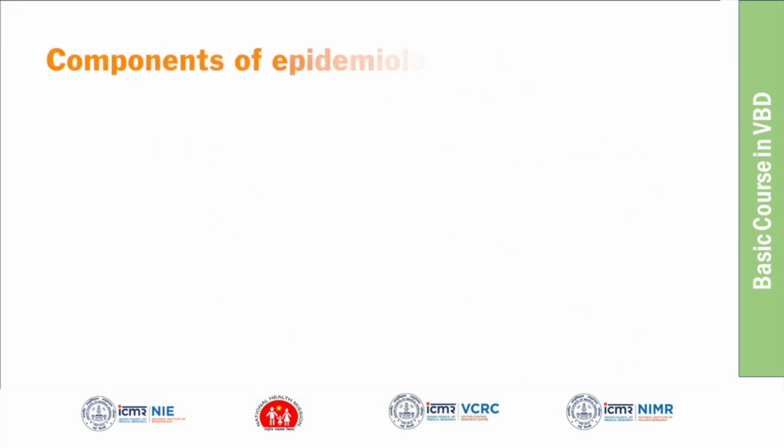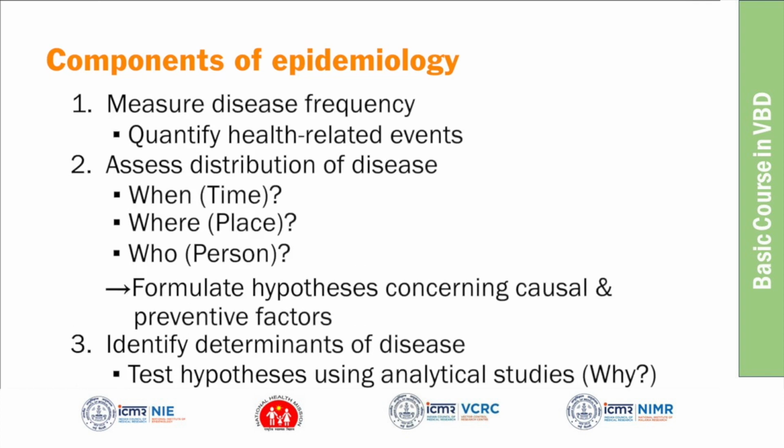What are the different components of epidemiology? We learned that as a definition, epidemiology is dealing with three things. One, distribution of the health problem or health-related events. Second, determinants of those health problems. Third, make sure the above two contribute to applying the results in the field.